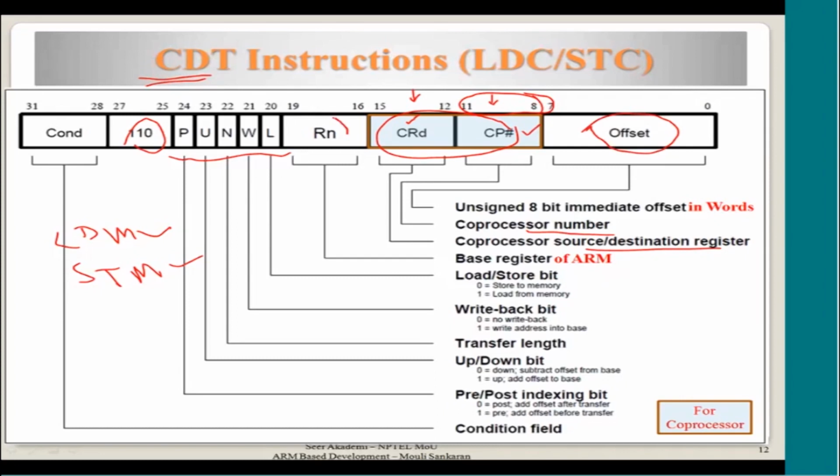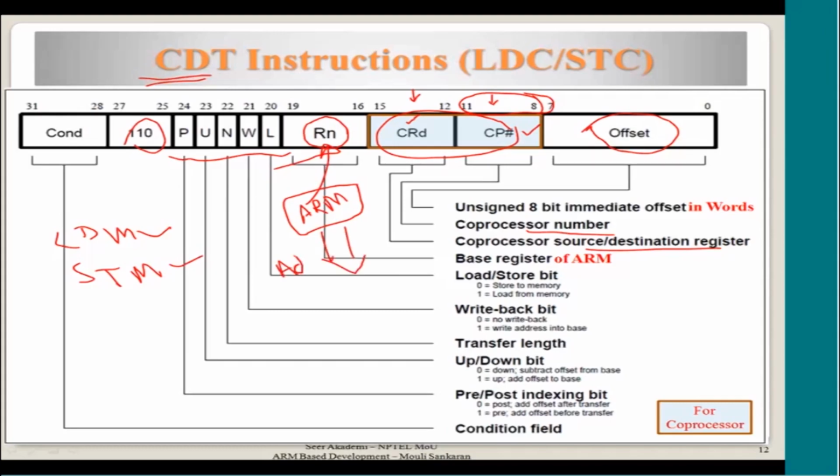And what is this? This is a base register. Is it an ARM register or a coprocessor register? This is an ARM register. Why? Because the base register is what is used for address generation, and ARM is generating the address.